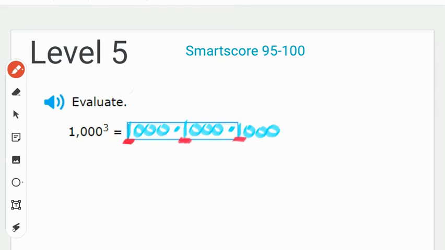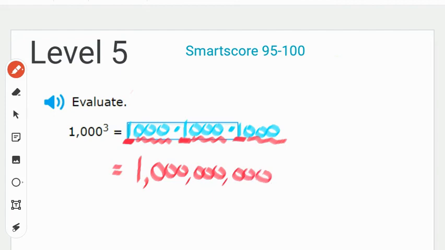And 1 times 1 times 1 is pretty easy. That equals just 1. And then you add on however many zeros there are. There are a total of 9 zeros here. So I'm going to put 9 zeros after this 1. And there we go. That is, I believe, 1 billion, right? The first set of zeros gives you 1,000, million, billion.